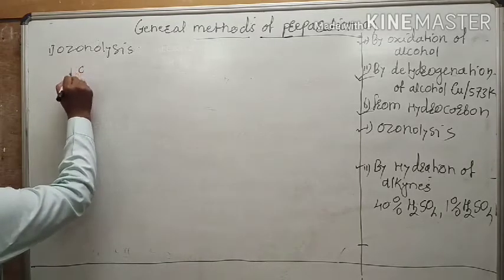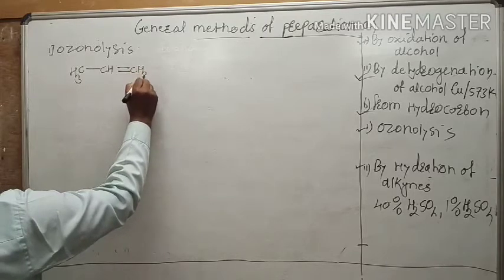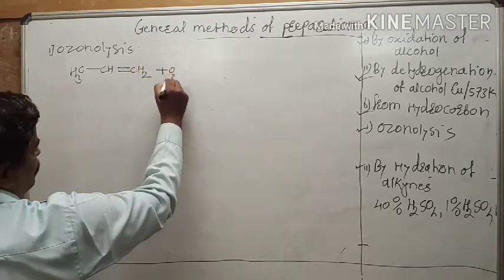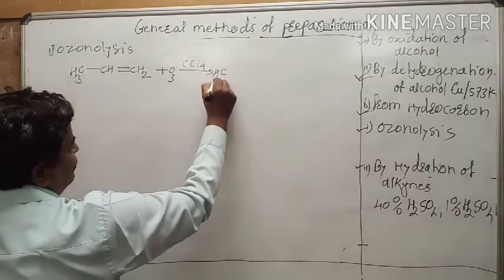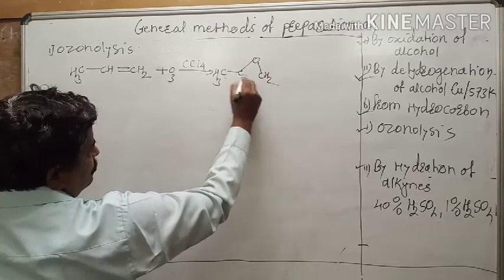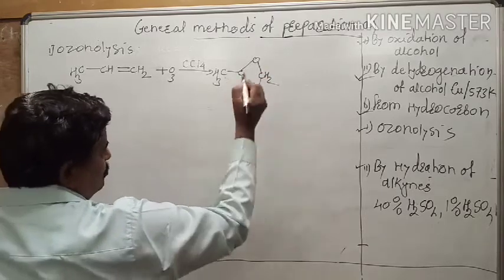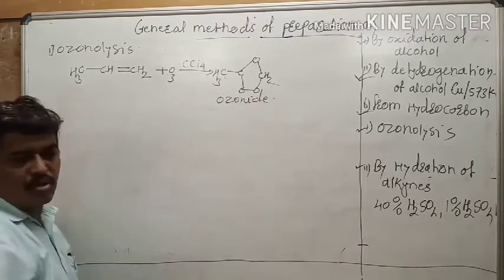We'll consider this example: CH3CH=CH2 plus ozone in presence of CCl4. Then we will get CH3CHCH2OOO. This is called an ozonide.